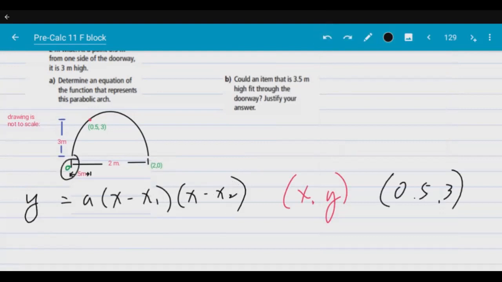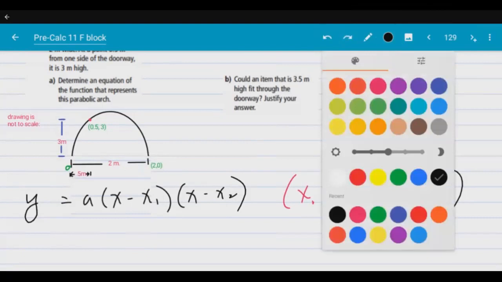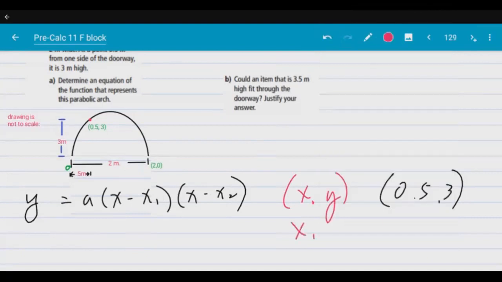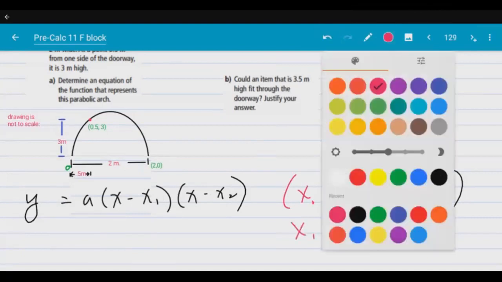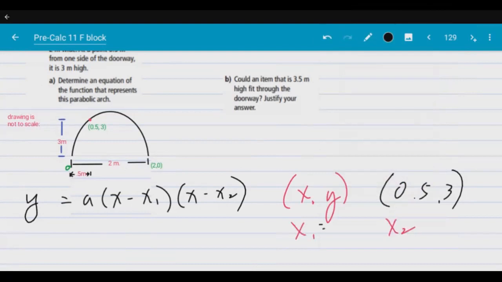In which case, this one will be an x-intercept, and this one will be an x-intercept. So x1 will be 0, all right? Because this is 0, 0, and the x-intercept is just 0. x2 will be 2, because this is an x-intercept. Its coordinates are 2, 0, but the x-intercept is just 2.